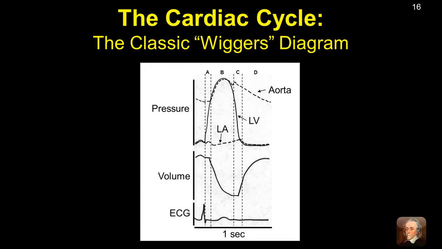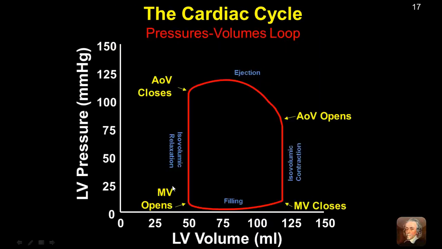But it turns out that it's much more informative if, instead of looking at things in the time domain, we plot pressure and volume versus each other in the pressure-volume domain. Such a construct exists for each of the four chambers: left ventricle, left atrium, right ventricle, and right atrium. Interestingly, there are differences in the configuration and characteristics of the loops for each chamber.